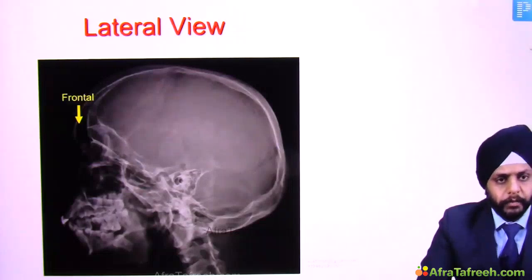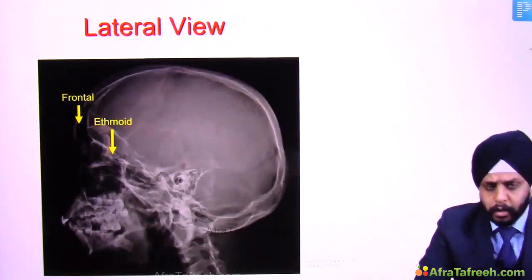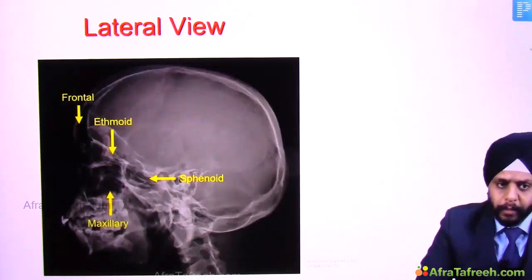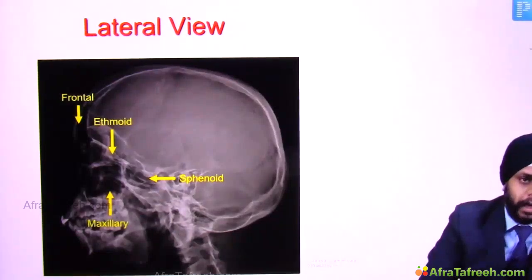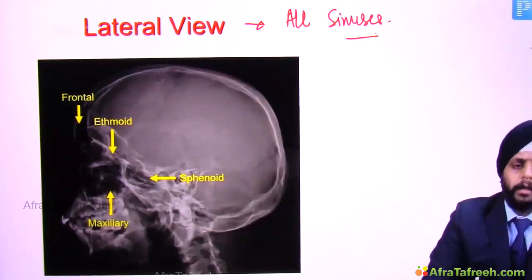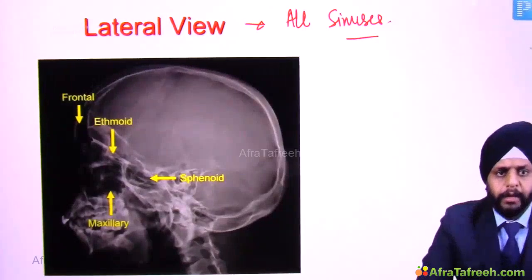Look at this lateral view. We can see the frontal sinus, we can see the ethmoids, both anterior and posterior, we can see the sphenoid sinus, and we can see the maxillary sinus. So all sinuses are visible in lateral view. This is another MCQ question. Right? Okay.